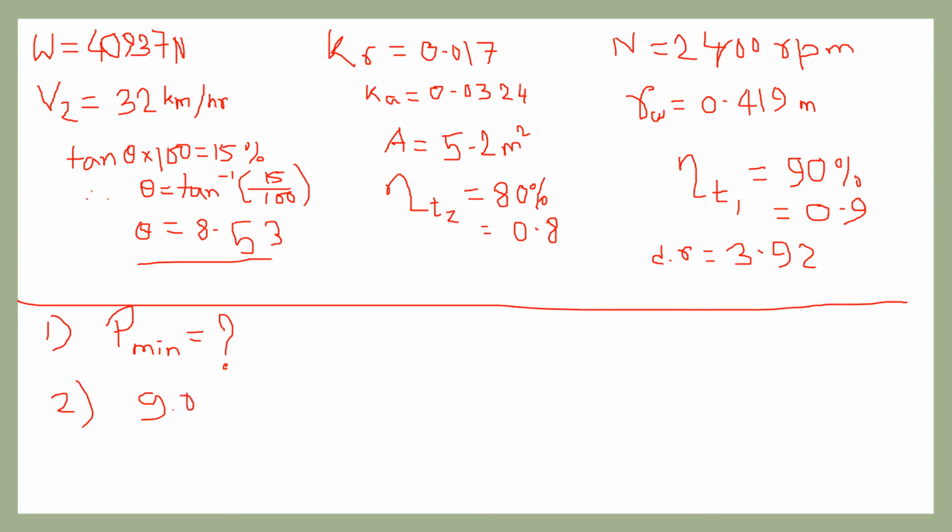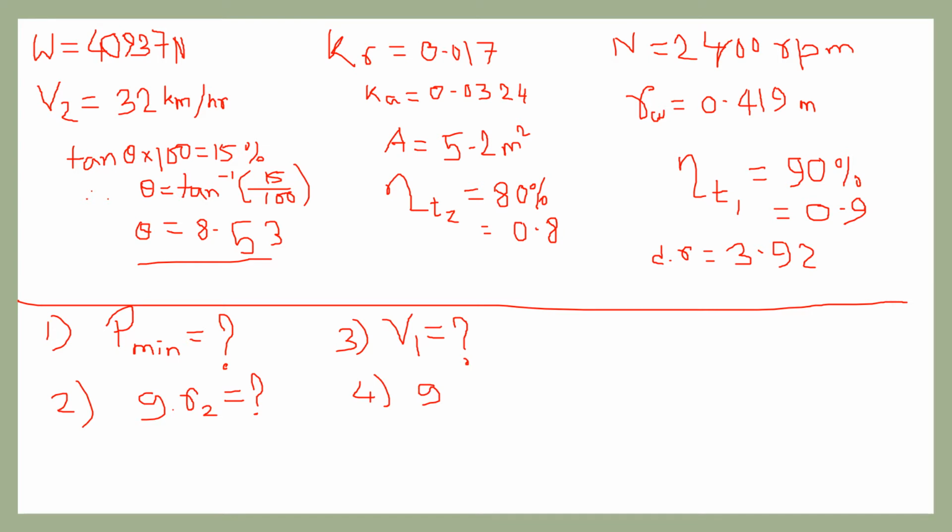Number 3, we have to calculate the minimum speed of the vehicle in the top gear, that is V1, the minimum speed of this vehicle. And number 4, the gear ratio in the top gear.